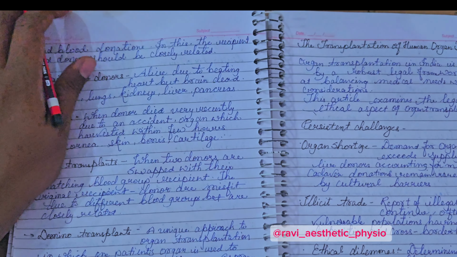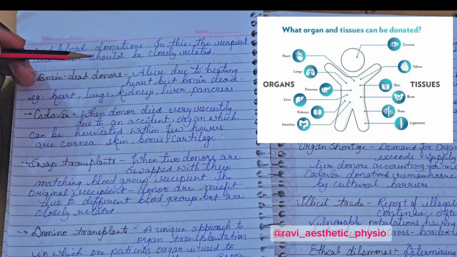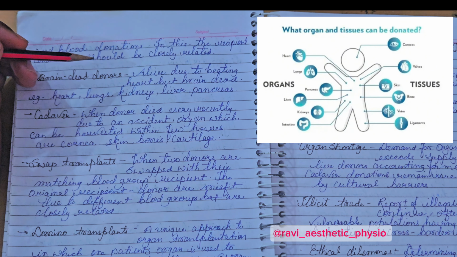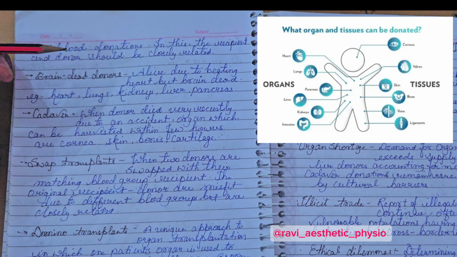And for blood donation, the recipient and donor should be closely related, so everyone should donate blood. If anybody needs blood, you can tell them about that.